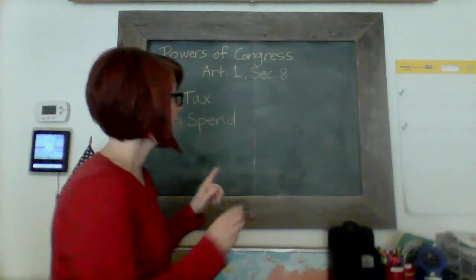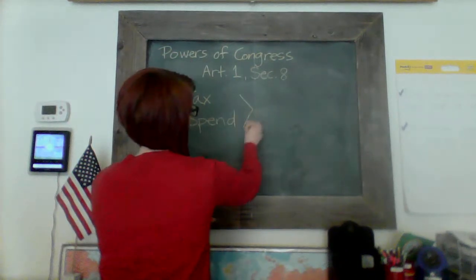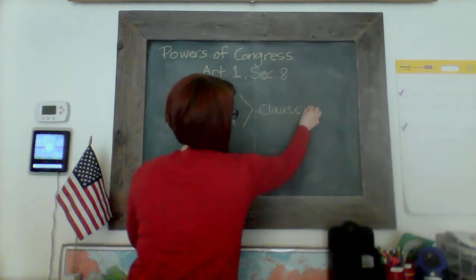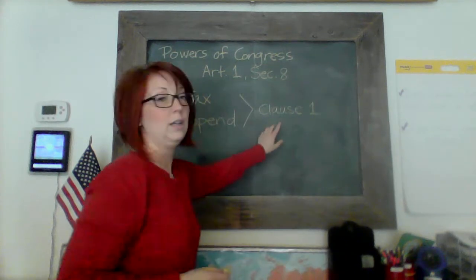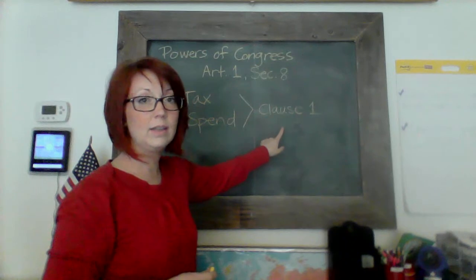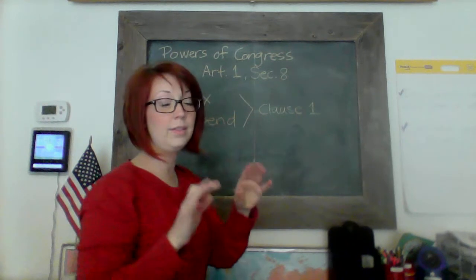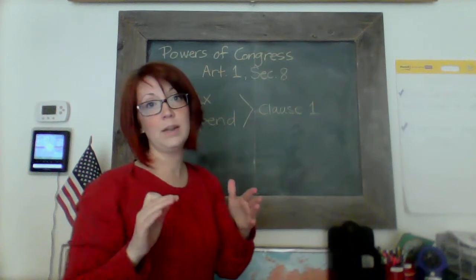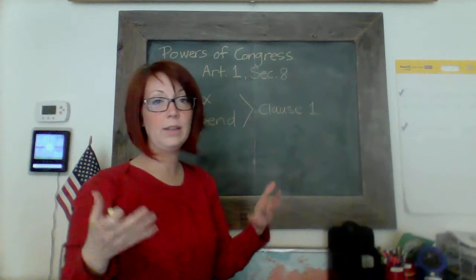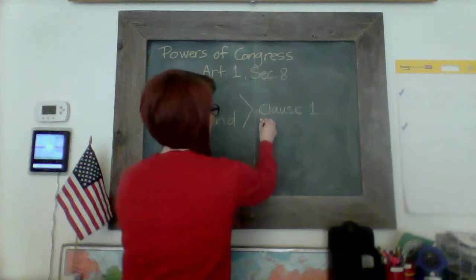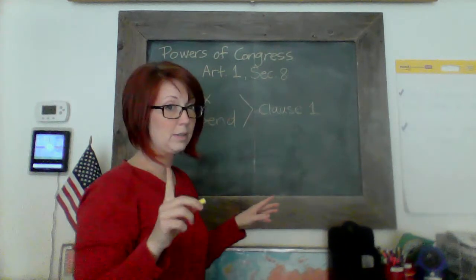This clause, I'm going to put a little note here. Clause 1. This is also known as the General Welfare Clause because of that wording in there, that they may tax and spend according to what they deem is necessary for the general welfare. So this is important because this has been a subject of debate.